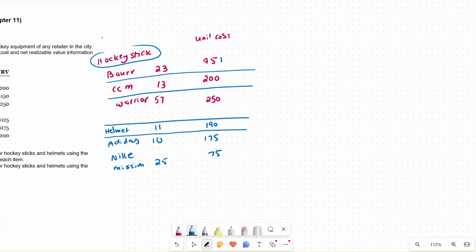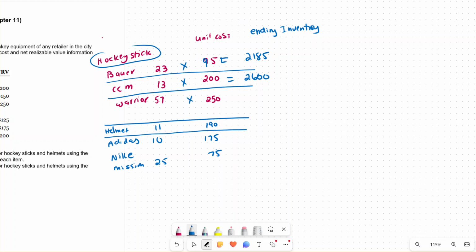In this case, we have the hockey sticks, and then we have the helmets. Under the helmets, we have three different products. All I have to do is 23 times the 95, which gives me a value of my ending inventory, 2185. If I multiply the next, it will give me 2600.